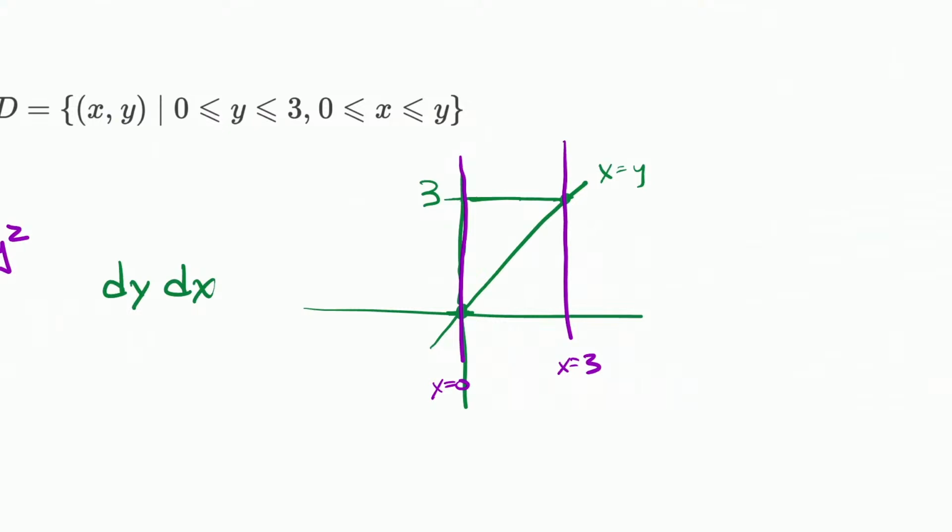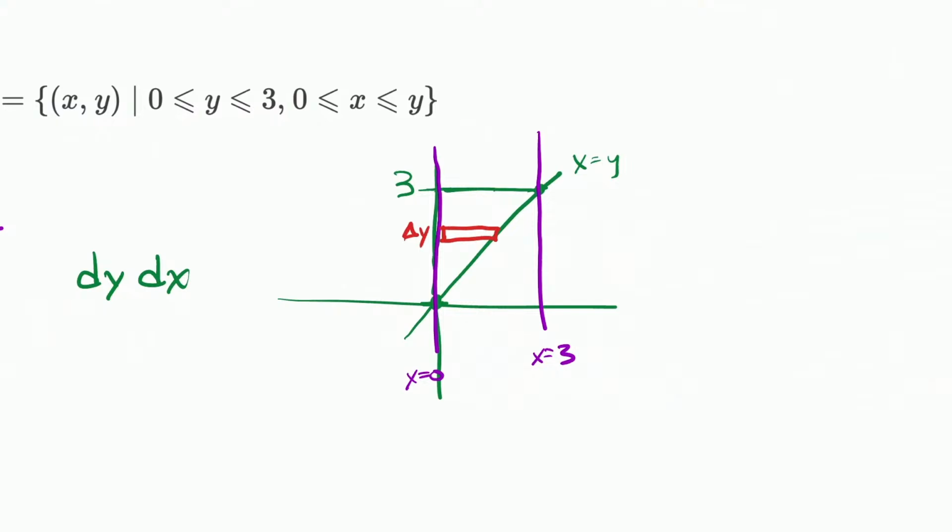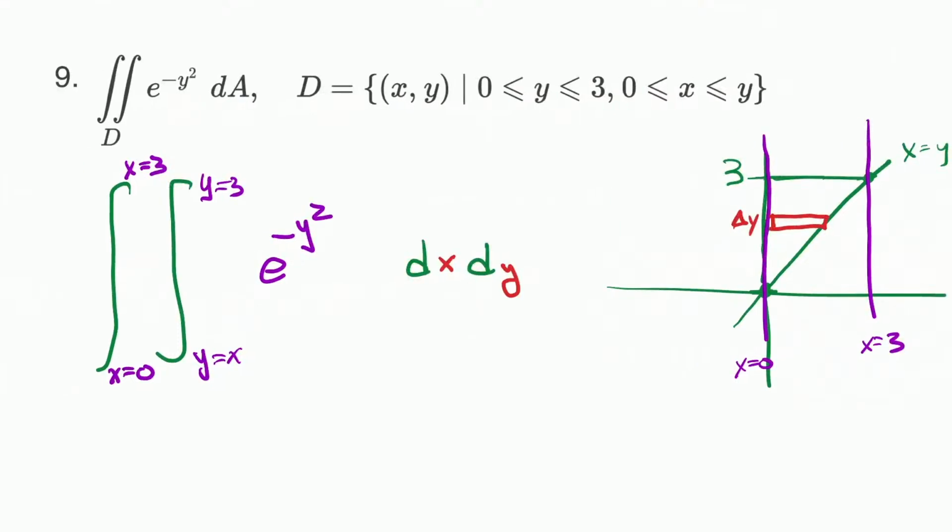Now I'm going to set this up with my rectangle pointing this way, which is uncomfortable, but the small side is delta y, which means that instead of doing dy dx, I'm going to change this to dx dy. dy is on the outside because the small side is delta y. Now, as far as the limits go, erase, get rid of all of this, good.